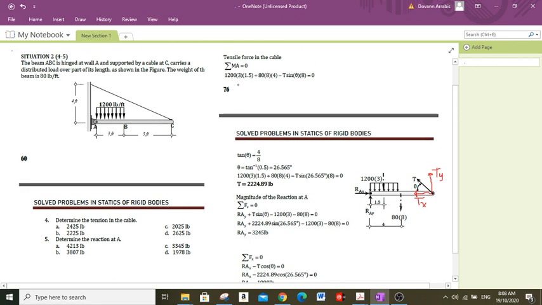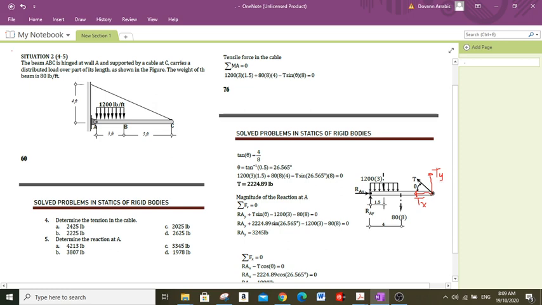So the summation of moment about point A is equal to 0. We have first the forces that create a clockwise moment: the weight of the beam and the applied distributed load.